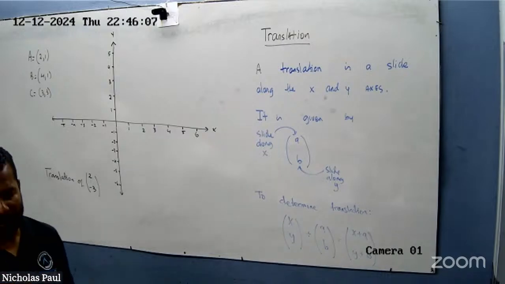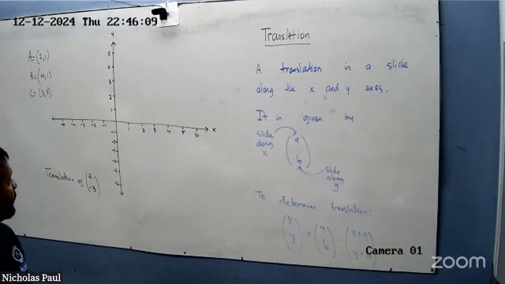Plot those 3 points there, and then we're going to perform that transformation. That's the last thing. Online, tell me when you finish. Plot the 3 points. It should form a triangle. Connect it up.